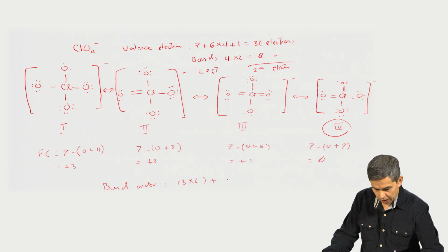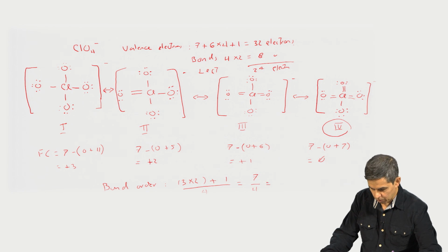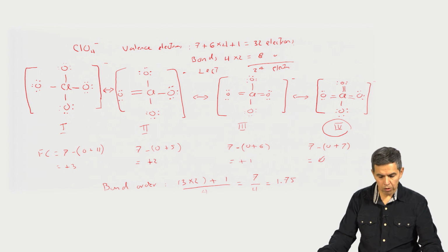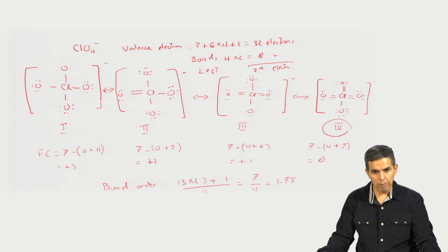And then single bonds, we have 1. And then we're going to have 4 atoms being bonded together. So this will give us 7 divided by 4, which is 1.75. The bond order for perchlorate then is 1.75.